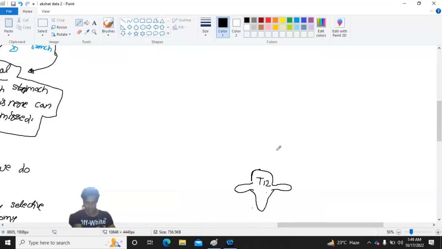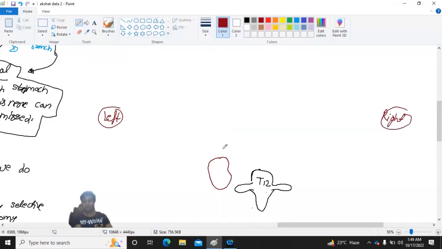Done. And here is the kidney. This is in the posterior wall. This is the right side, remember. Let's say this is left and this is right.